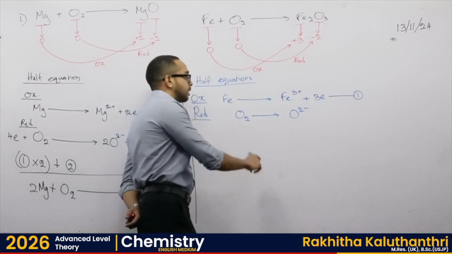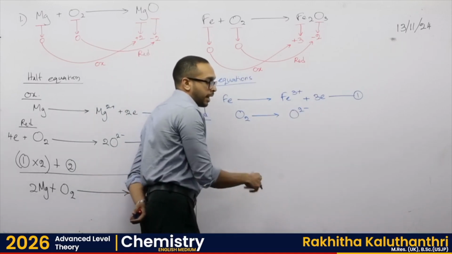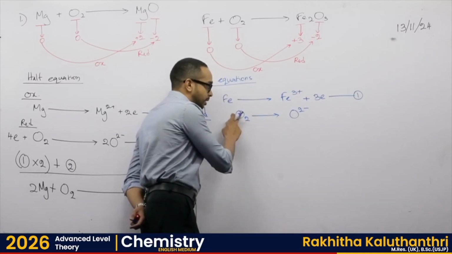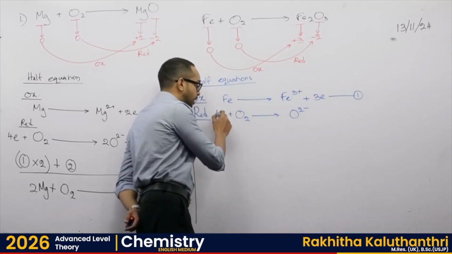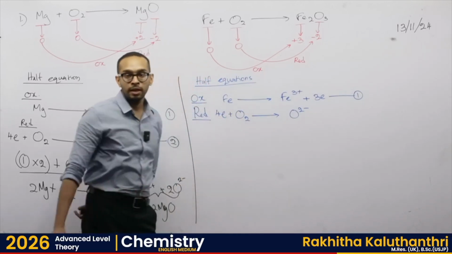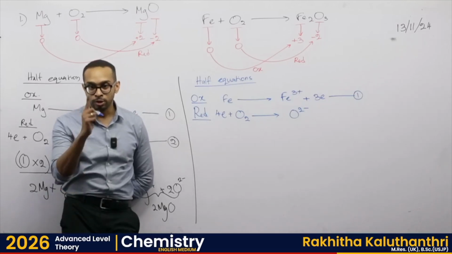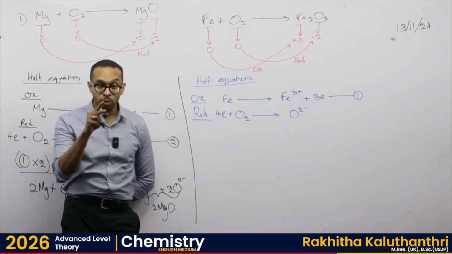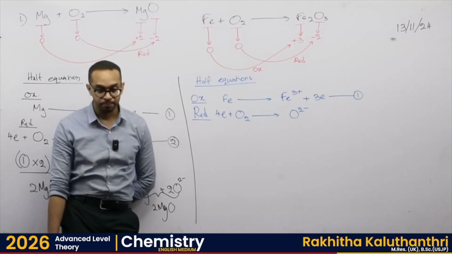To make one oxide ion, it needs to take 2 electrons. There are 2 oxygen atoms here, so how many electrons should we give? 4 electrons. You need to understand this very clearly. If you don't get that part, that is a problem. One oxygen atom requires 2 electrons. In an oxygen molecule, you have 2 oxygen atoms, so it requires 4 electrons to form 2 oxide ions.